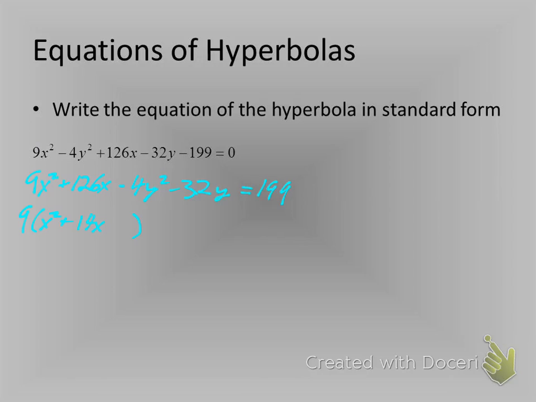Thank you. Now, what do you need to take out of the y's? A negative 4. You've got to take out a negative 4 out of the y's, which gives you a positive y squared and a plus 8y equals 199.